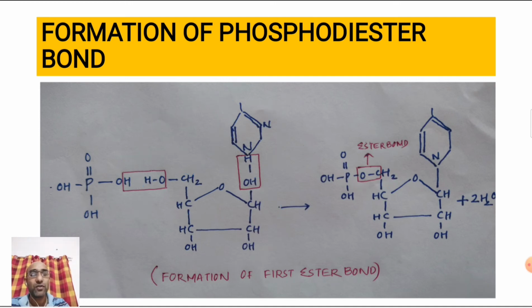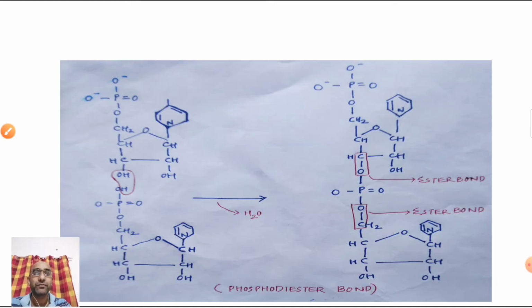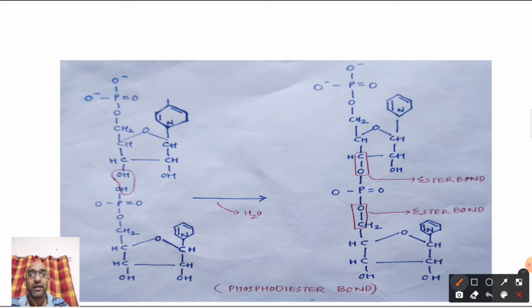Now let us come to the second ester bond. Already we know that an ester bond was formed during the formation of nucleotide. Now the second ester bond is formed when this nucleotide and this nucleotide come together. How did we come to know that this is a nucleotide?